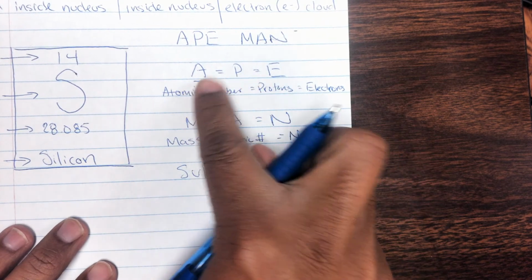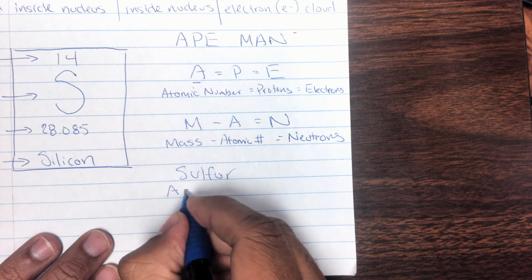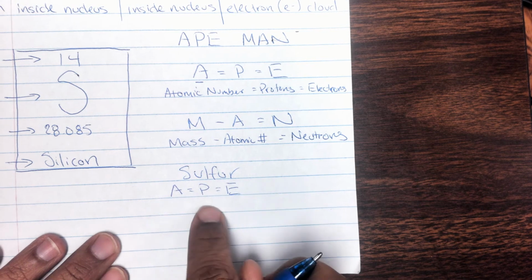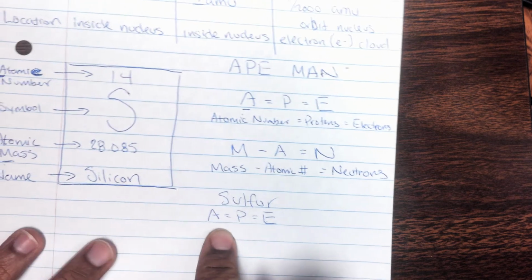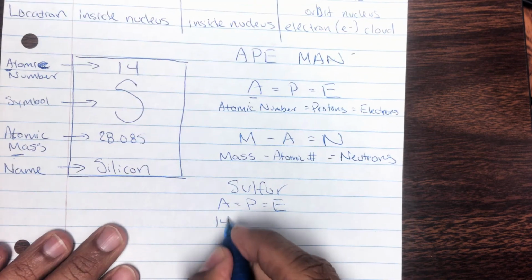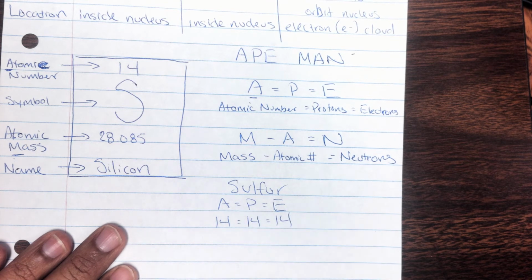And first I'm going to copy down this formula, A equals P equals E. And my A is my atomic number, so I'm going to go over here. My atomic number is right there, so I'm going to write 14 equals 14 equals 14.